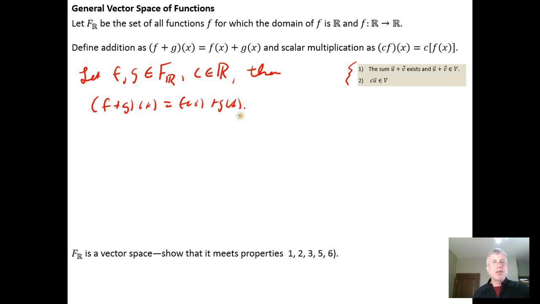Well, in pre-calculus what we learned was that if we have the sum of two functions and the domains of those two functions are all real numbers, then the result is a function whose domain is all real numbers.